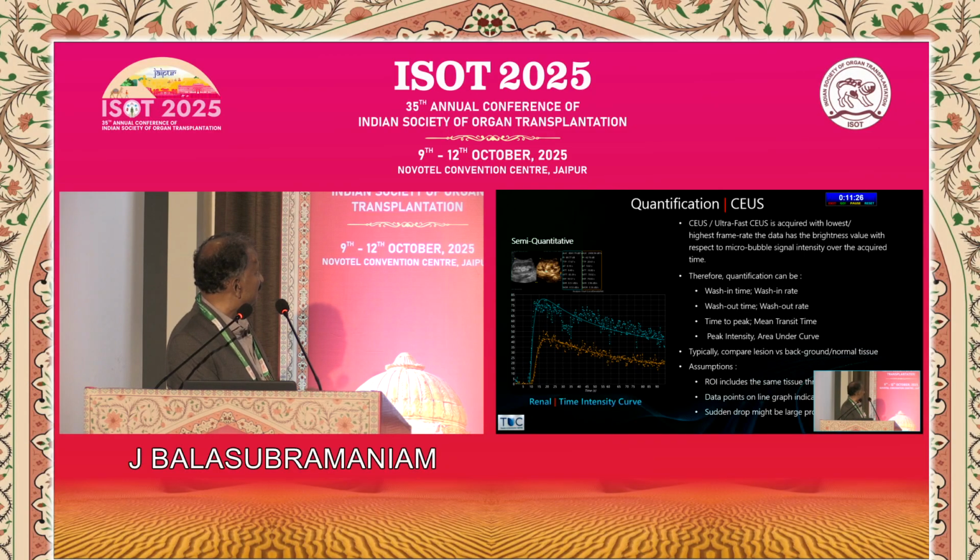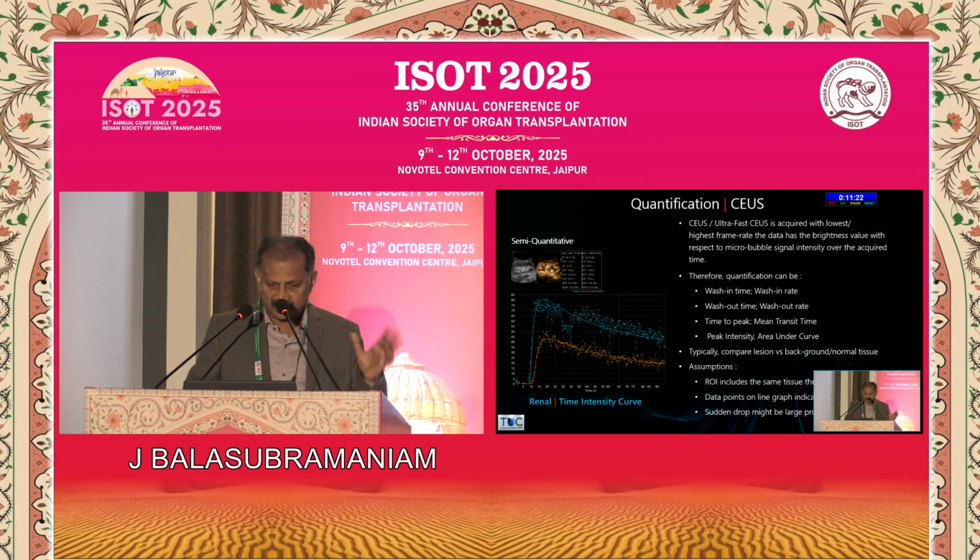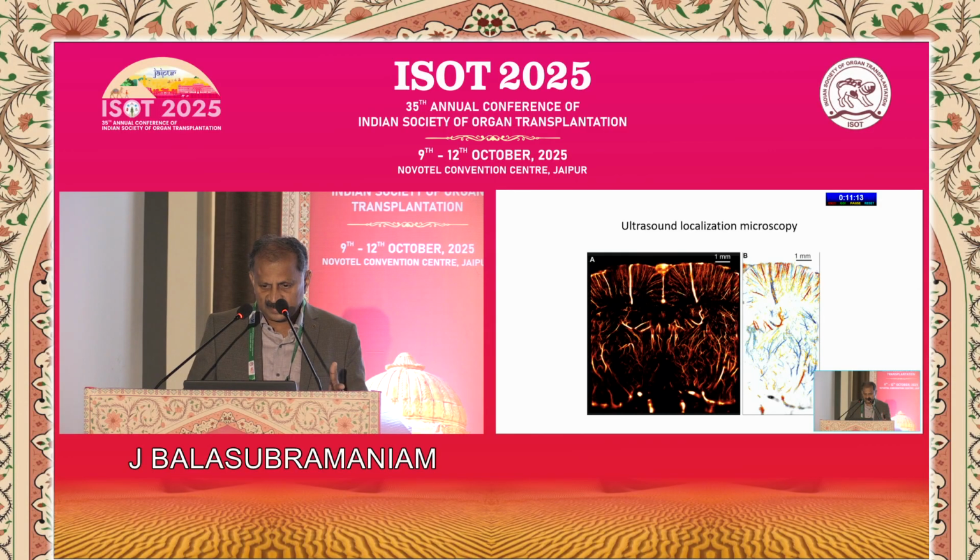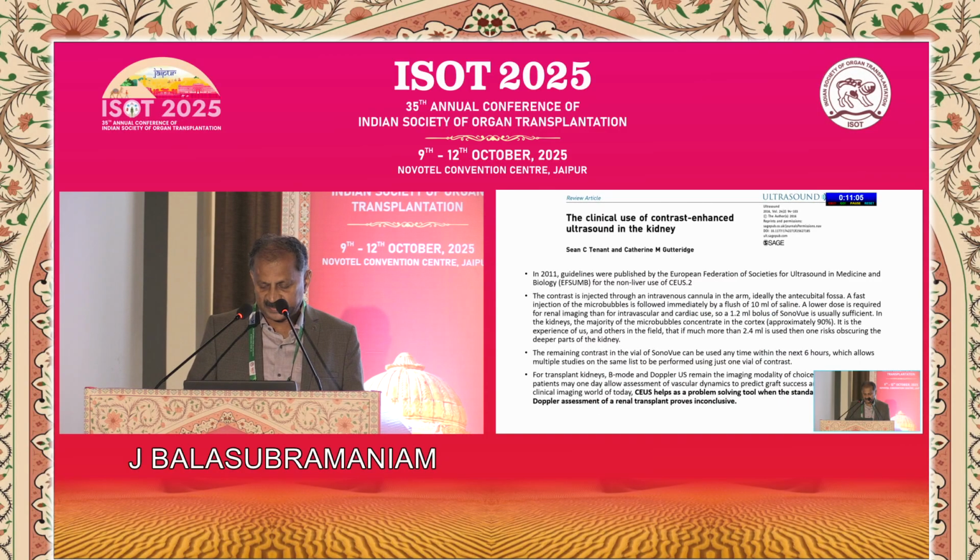These newer machines can give all this automatically using its own calculations. It takes in wash-in time, wash-out time, time to peak, and all that. And more interestingly, they claim it is more or less equivalent to ultrasound localization microscopy. So that is the resolution which we are expecting.